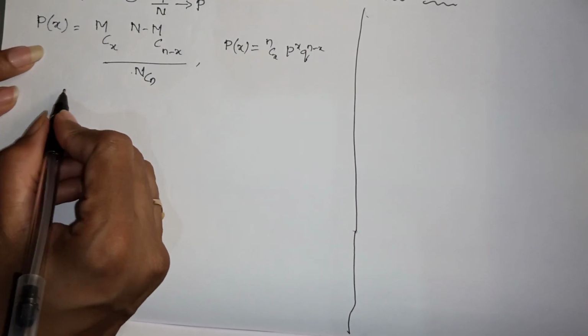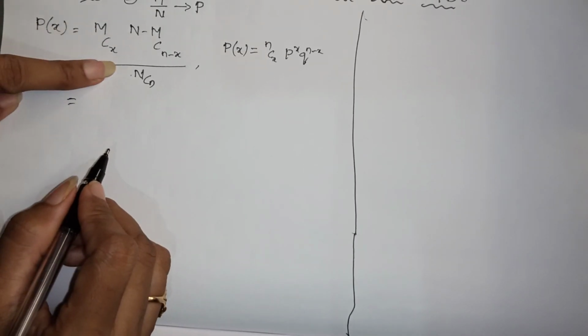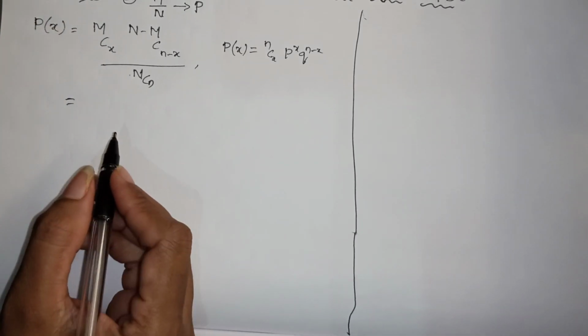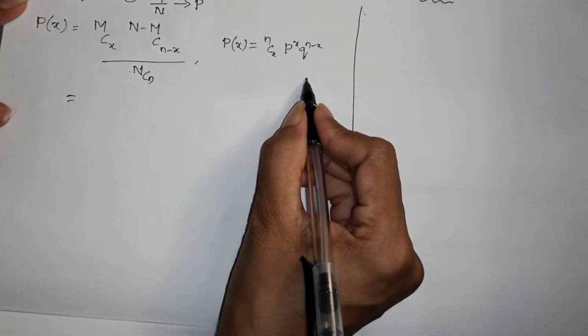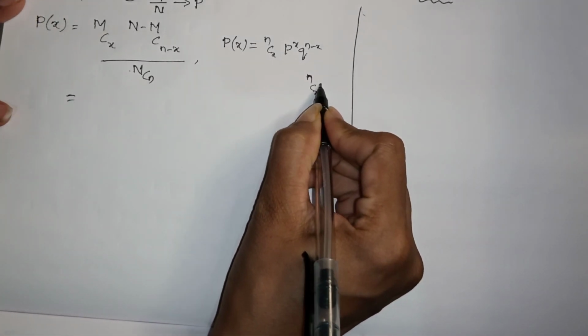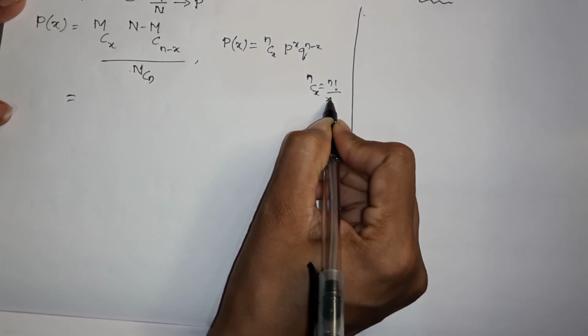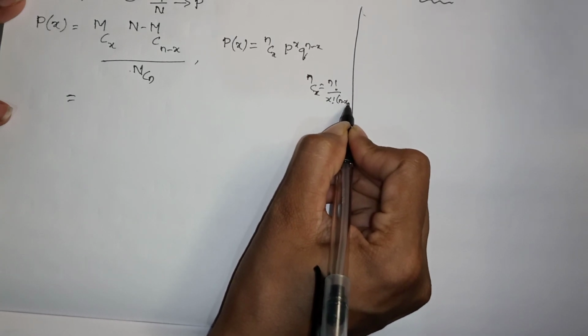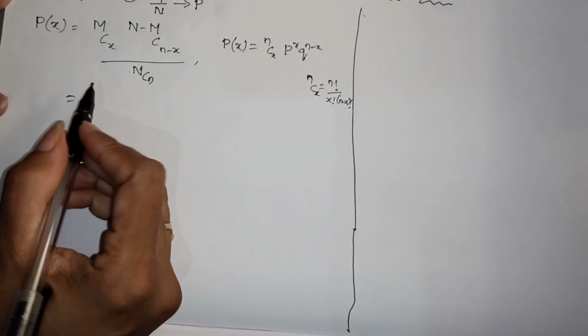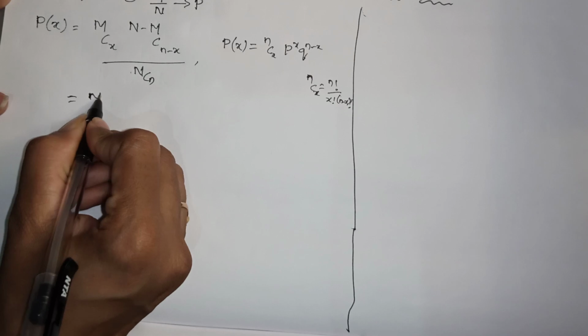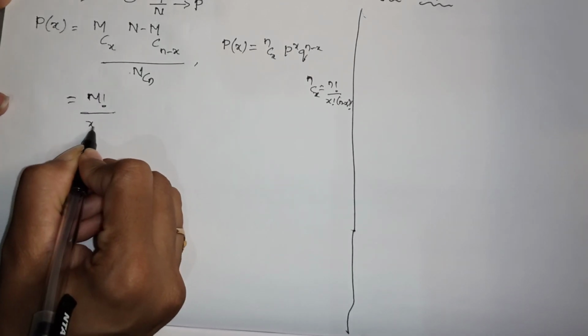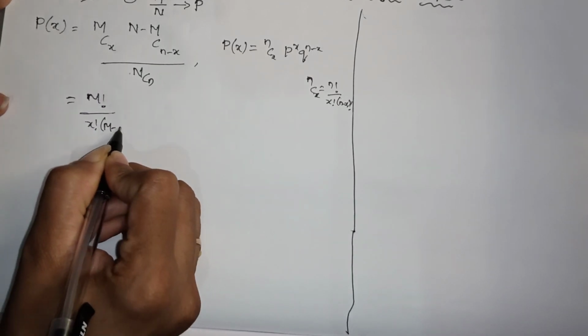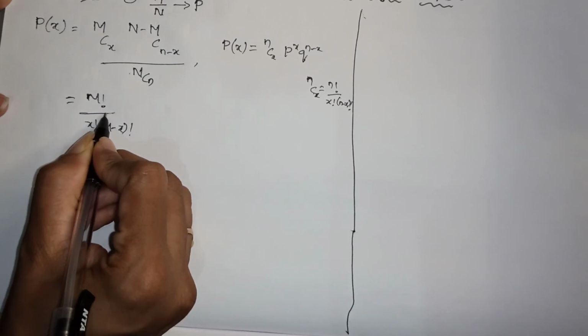MCx we can write using the nCx formula. nCx is nothing but n factorial by x factorial into n minus x factorial, we all know that. So M factorial by x factorial into M minus x factorial.